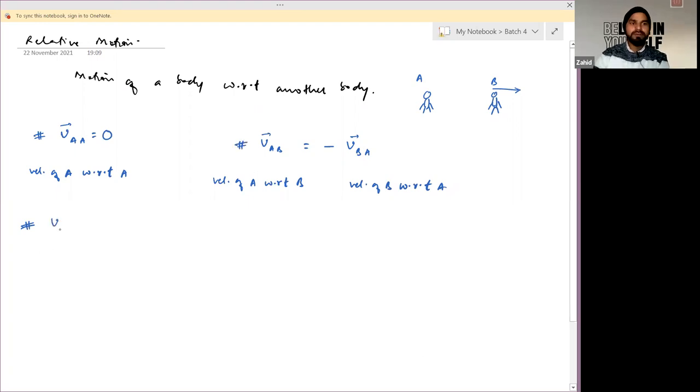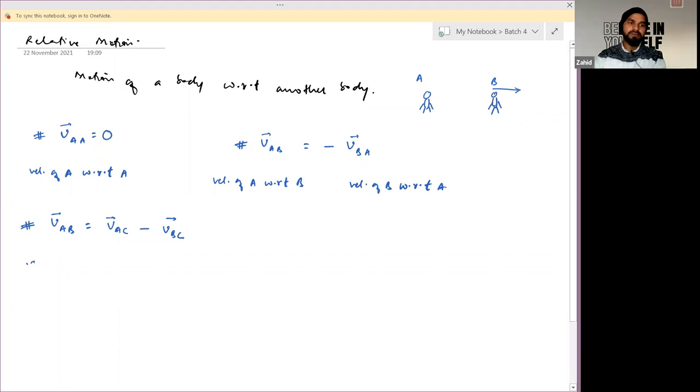Next is velocity of A with respect to B, if you have to find it, but A and B are defined by some third reference, let's say C. So if the reference of both of these two bodies is the same, then there will be a negative sign in between.